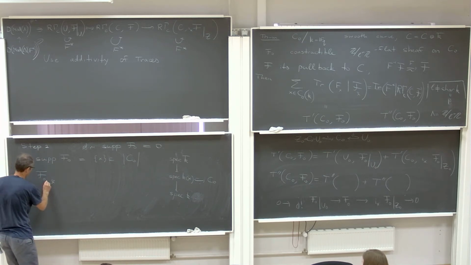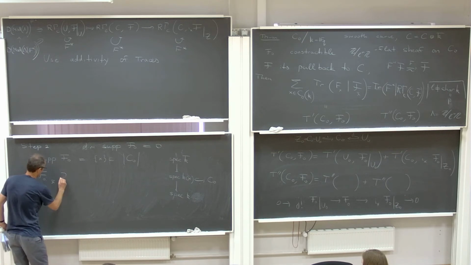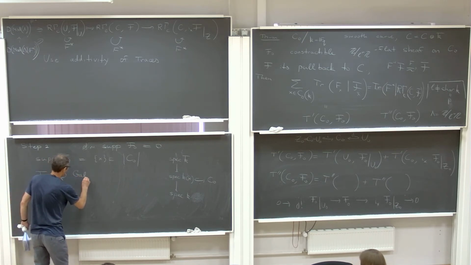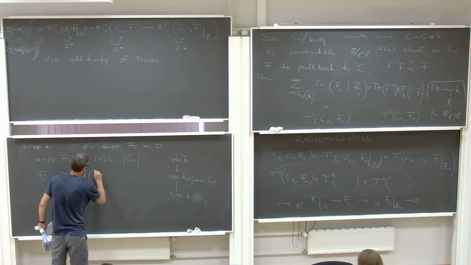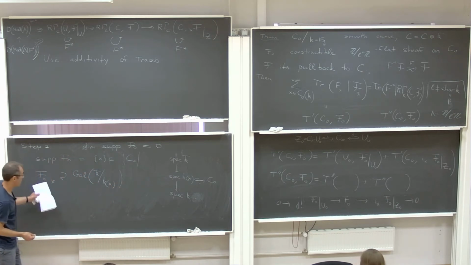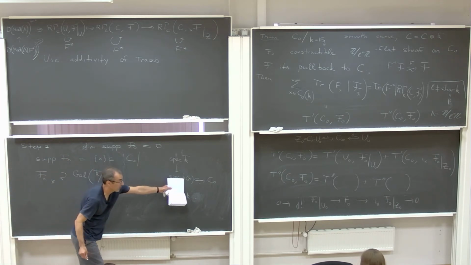So this is just a lambda module with an action of the Galois group of k-bar over k(x), right? That's because the residue field, well, it's a sheaf here.